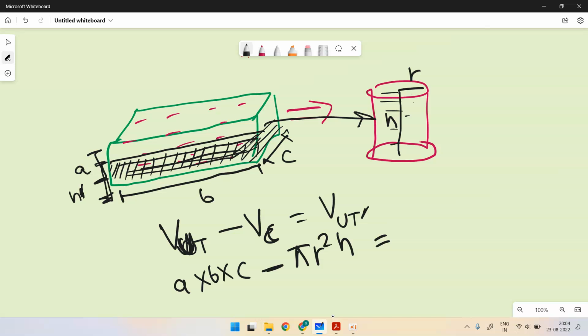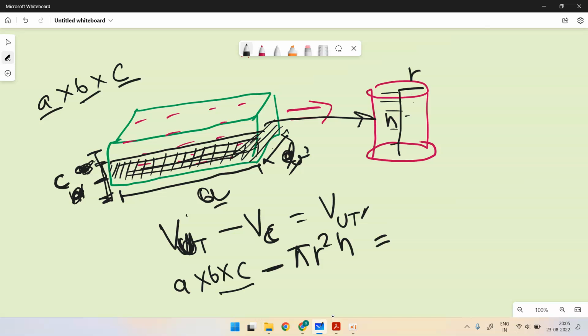Let us assume this is a, this is b, height is c. The question is given a into b into c. I am assuming that this is length, breadth and height c.